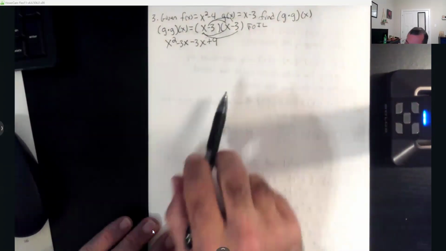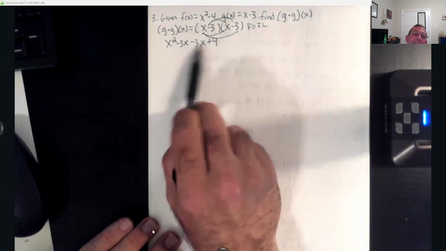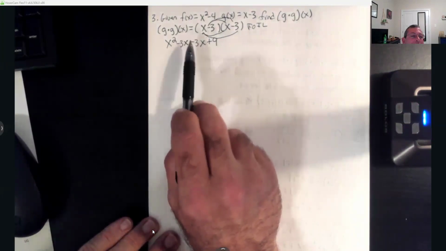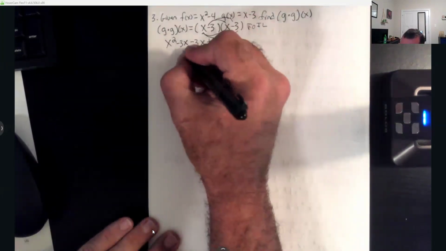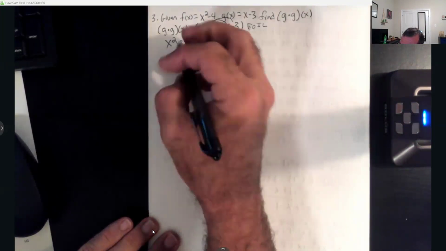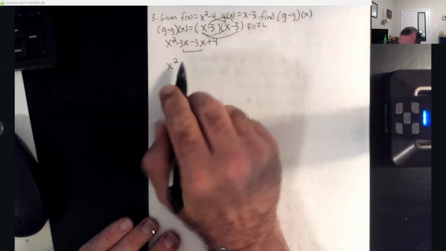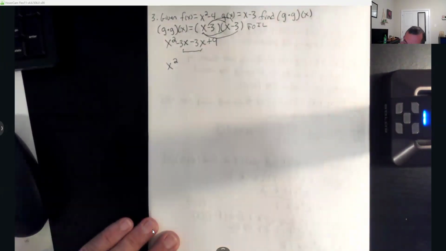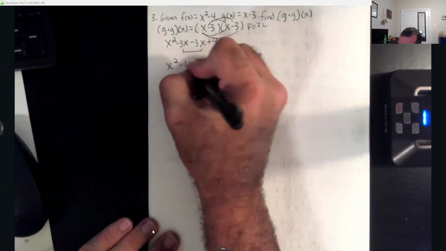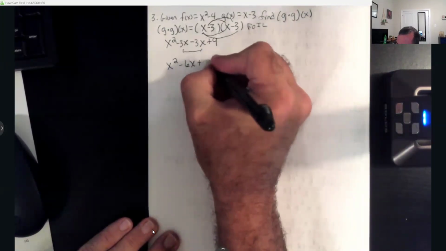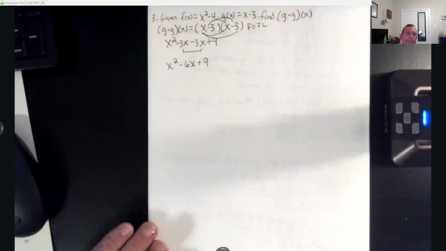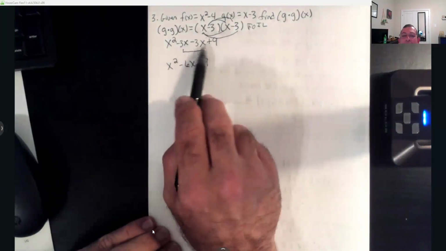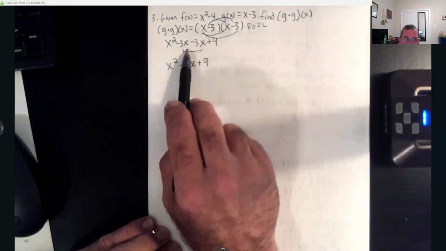Oh, good job, Nat, because usually what people do when they see this, they cancel those. But y'all, we can't cancel these. They're both negative, okay? So good job. So those are my like terms. So I'll bring down my x squared. And good job, negative 3x minus 3x is a negative 6x. And then we bring down our positive 9. Okay, so they doubled in the middle. They don't cancel, okay?